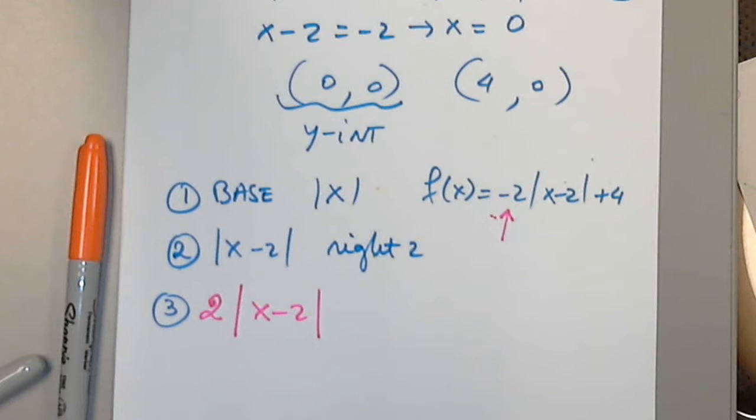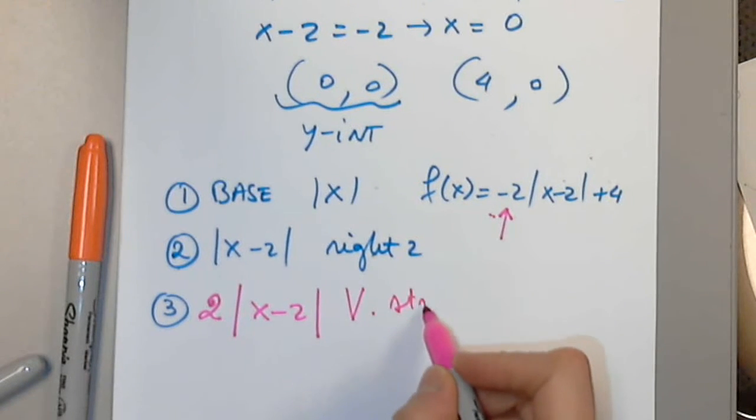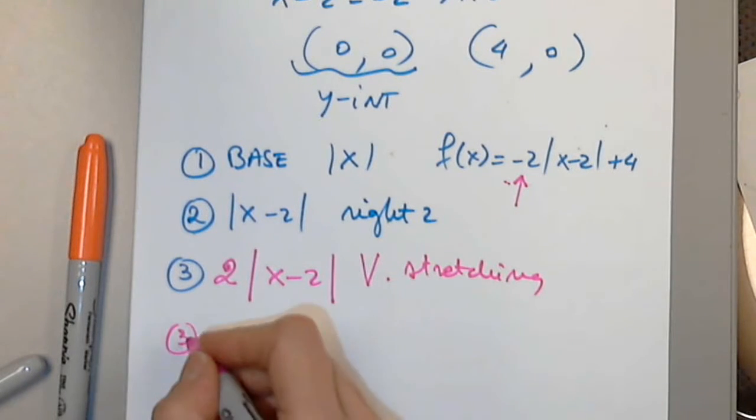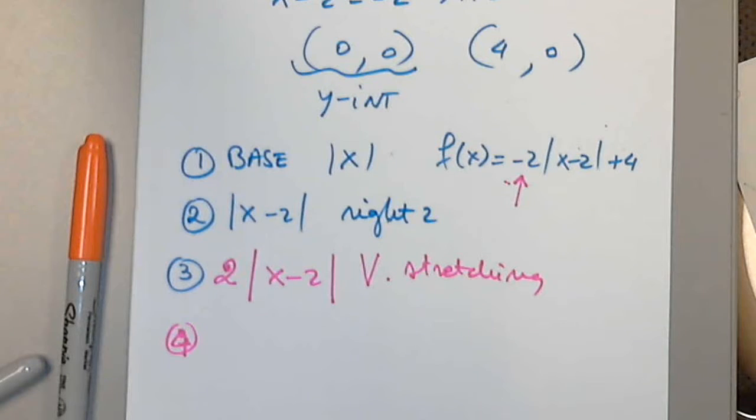What transformation is this? Is it a transformation on x or a transformation on y? Yes, because it's outside. It doesn't touch x. So it's a vertical stretching by a factor of 2. Vertical stretching. Number 3. Oh, I'm sorry. Number 4. Number 4 is a transformation on number 3. And yes, we already know we broke it up into pieces.